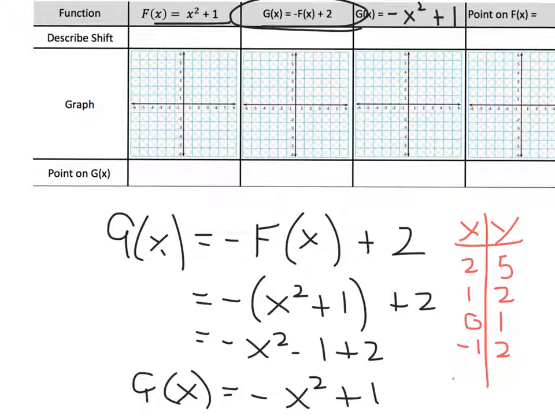And if x is negative 2, we get 5 again. So we get this parabola formed. We know it goes through 0, 1, which is about there. Not very easy. 1, 2 is about there, and 2, 5 is up there, and then negative 2, 5, and negative 1, 2. So this parabola comes down and up like that.